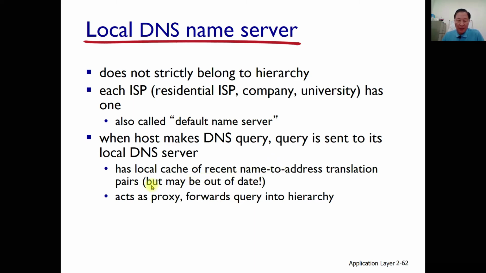Sometimes these become out of date and are expelled from the buffer memory because the buffer size is limited. It acts like a proxy and pushes the query into the hierarchy if it doesn't have the IP address for the required domain name. Then it asks hierarchically, and there will be some animation that I'll show you later.